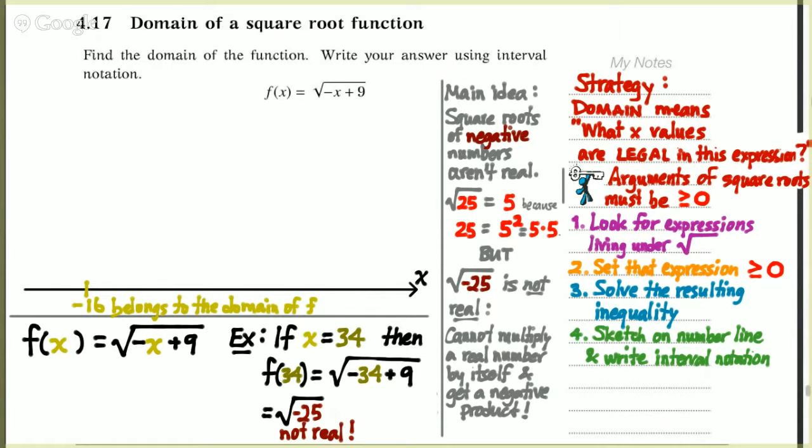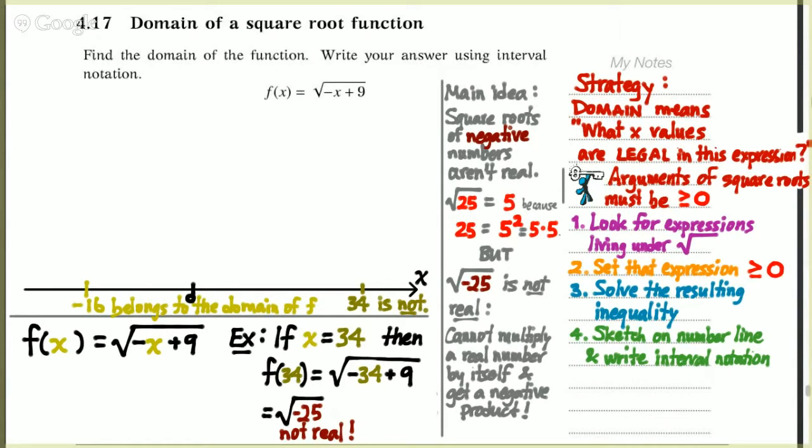And since our course only deals with real numbers, that's where our story stops. In other words, 34 is not a legal input, not a valid input to the function f of x. Therefore, 34 does not belong to the domain of f. So whatever our answer to this problem is, it had better not include 34, but it does include negative 16.